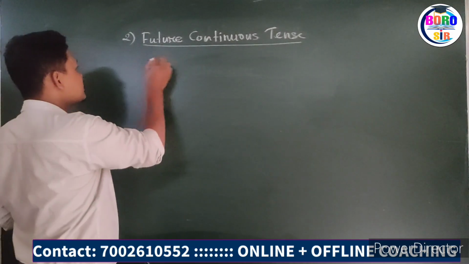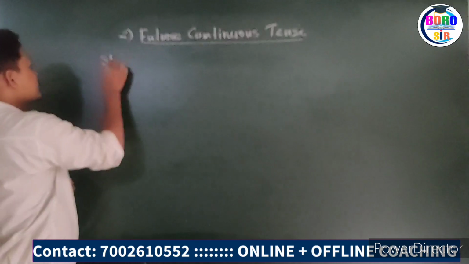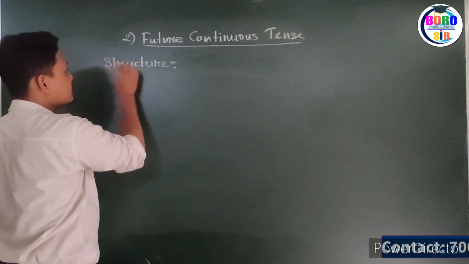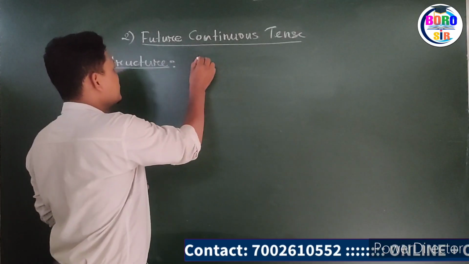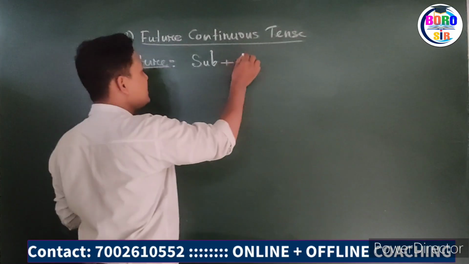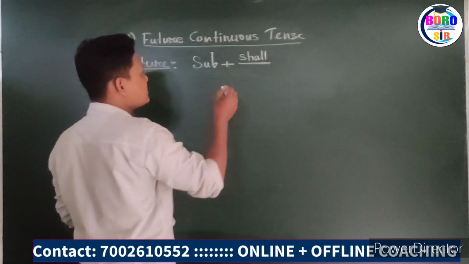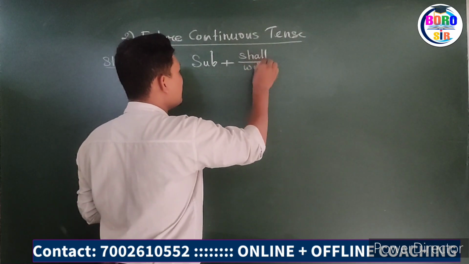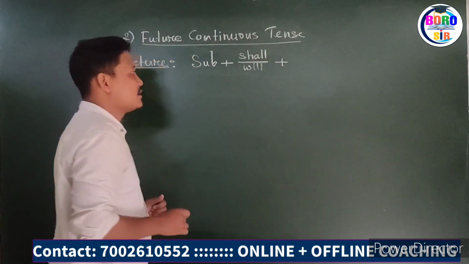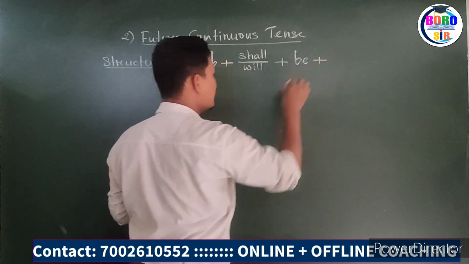Now let me write the structure for this tense. Structure: it will contain subject first, then remember in future continuous tense, shall or will, an auxiliary verb, will be taken here, plus we will be taking the be verb here.